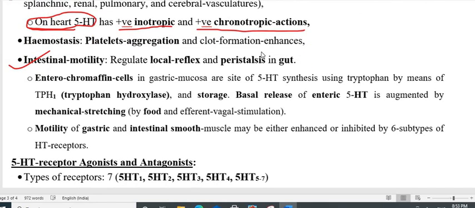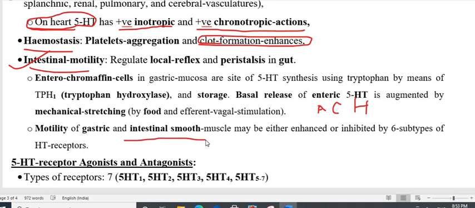As we already discussed, 5-HT also participates in clot formation through platelet aggregation. So 5-HT aggregates the platelets and therefore helps in clot formation to check bleeding, so it acts in hemostasis. It also increases intestinal motility by releasing the neurotransmitter acetylcholine, and by acting on the smooth muscle of the GI tract it increases contraction and gives rise to peristaltic movement, and therefore participates in digestion.